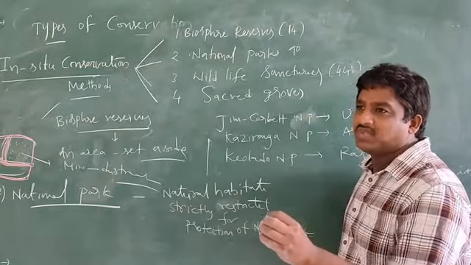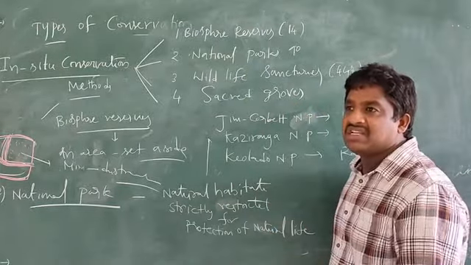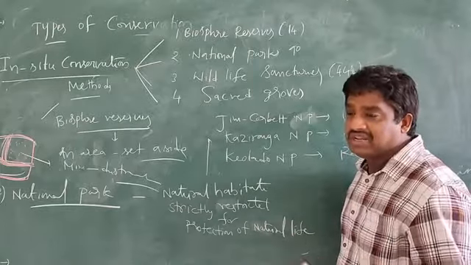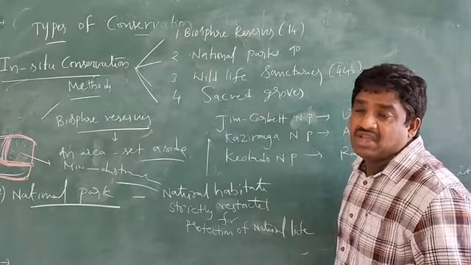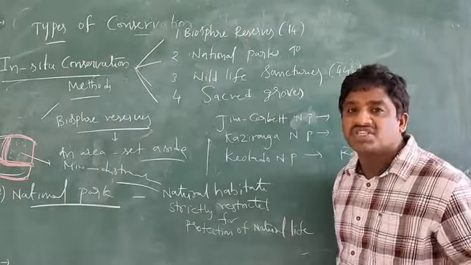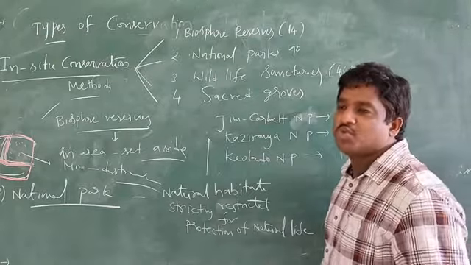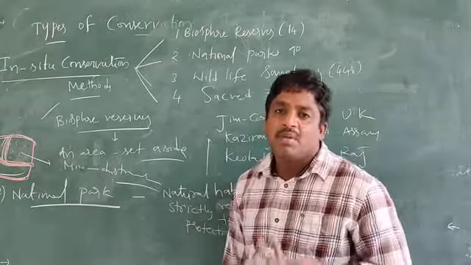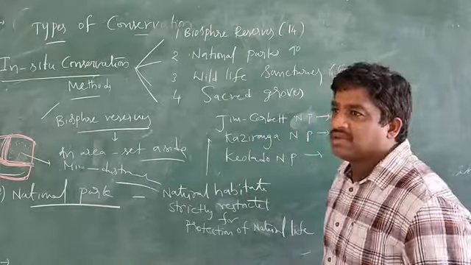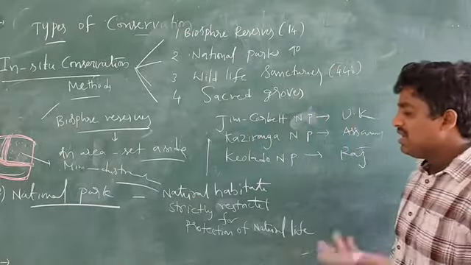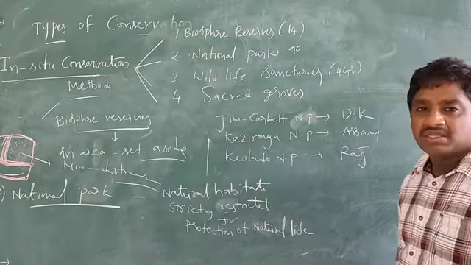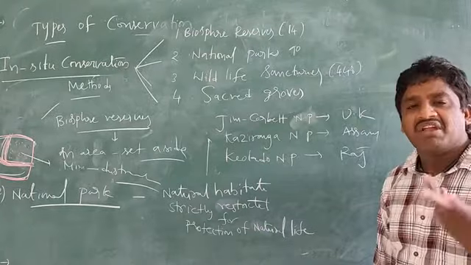So what plant species are present? Nearly 10,000 years old varieties of plants may be present, and ancient varieties of species are present. Nowadays we see so many hybrid varieties, but in national park areas you can see wild varieties.